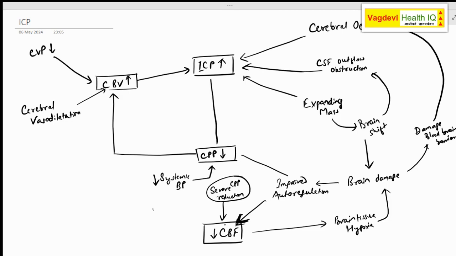Okay. Apart from this, what all causes cerebral vasodilation? I'm talking about chemical regulation, we learned about chemical regulation, right? So what all are the causes of cerebral vasodilation? Sorry, one mistake in what I have shown.